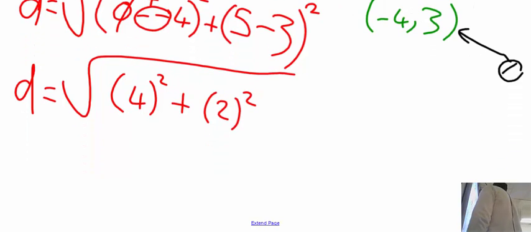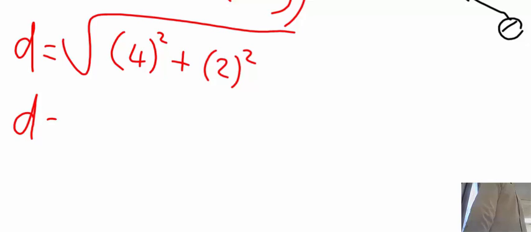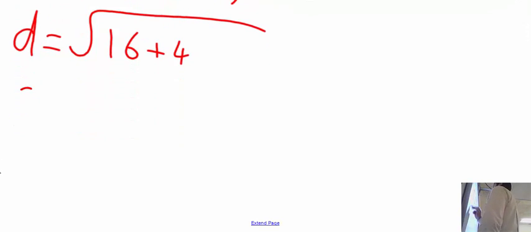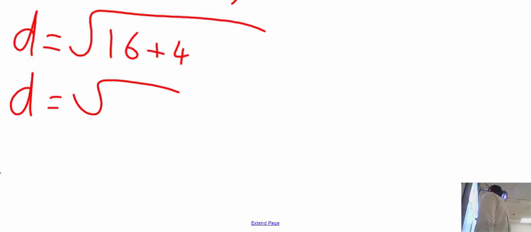And what is 4 square? 4 times 4? 16. What is 2 square? 2 times 2? 4. And altogether is 20. And now I have to calculate the square root of 20.